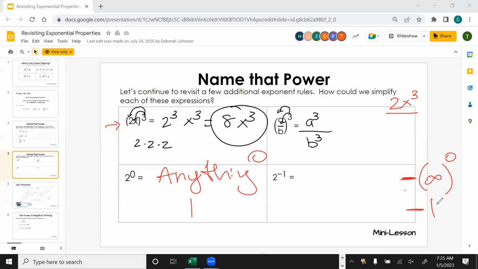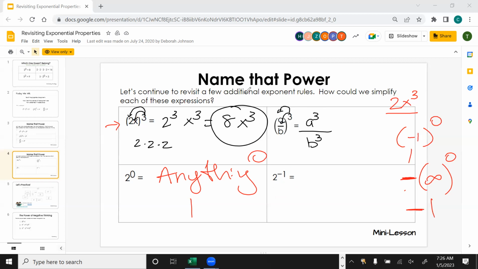But that's only if there are parentheses. If I had this instead, this would be +1. If you're ever unsure, type it into your calculator. If it has parentheses, put the parentheses around it.